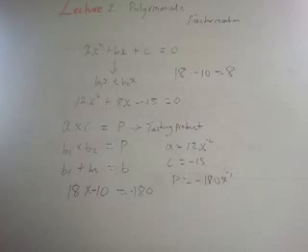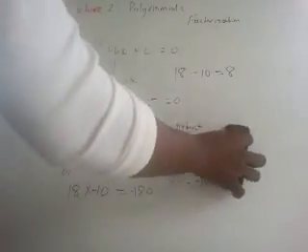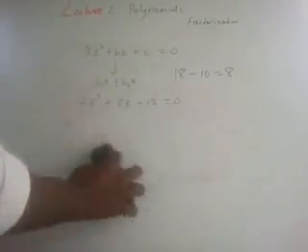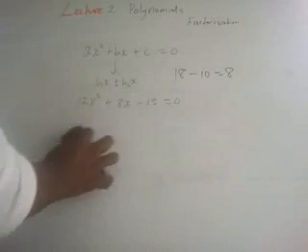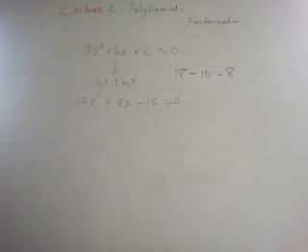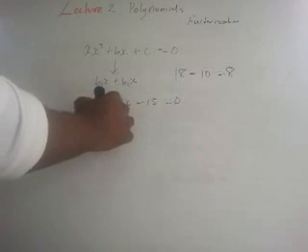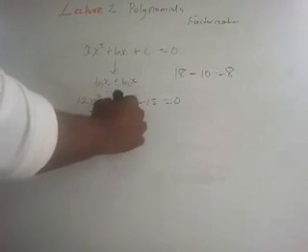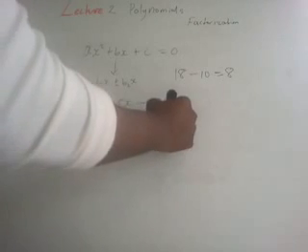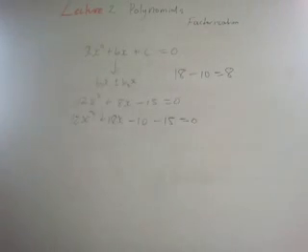Now let us go ahead and solve this quadratic equation. How would we solve this? We would end up with 12x squared plus 18x minus 10x minus 15 is equal to 0.